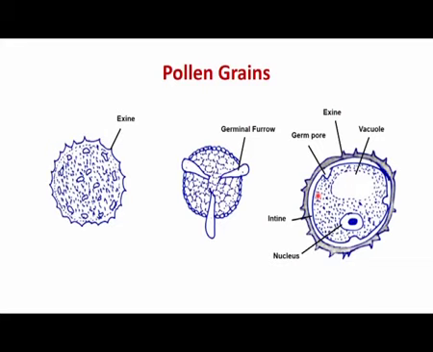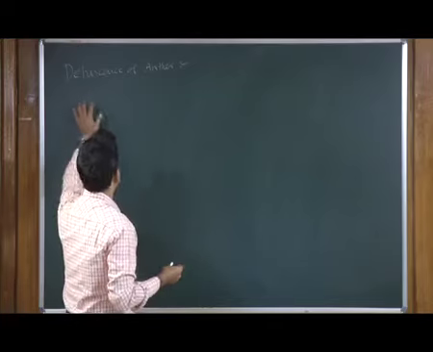Once the pollen grain is produced within the pollen sac, the pollen grains also have to be liberated from the pollen sac. The changes which happen so that the pollen grains are released from the anther are called the dehiscence of anther.